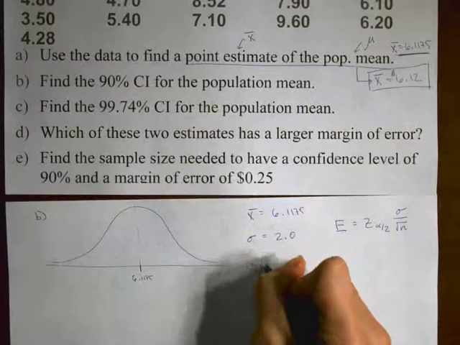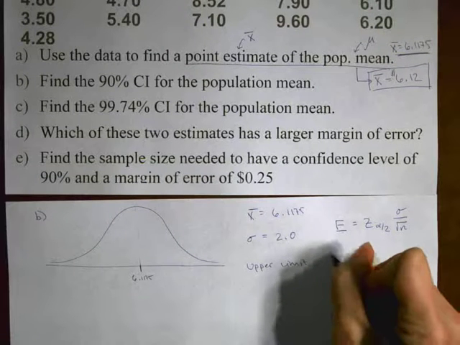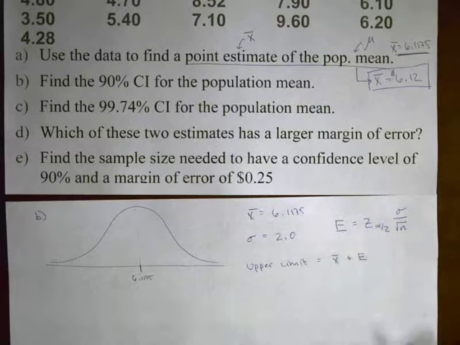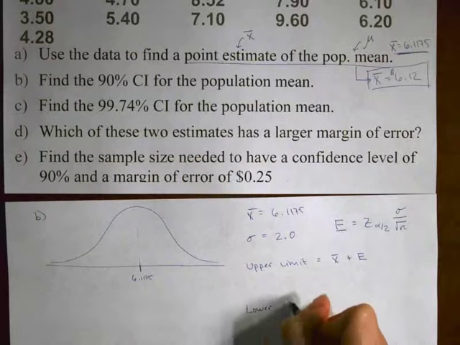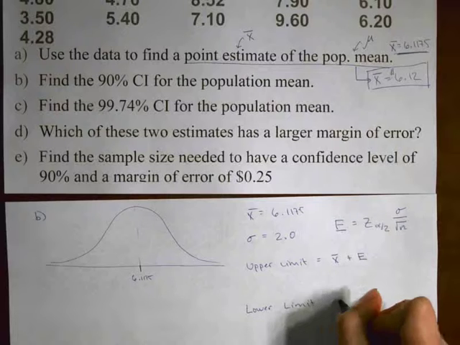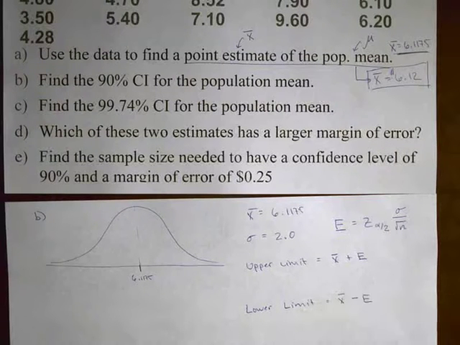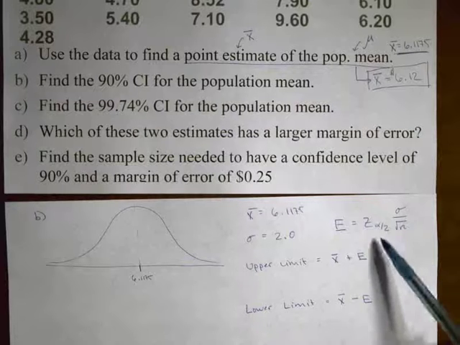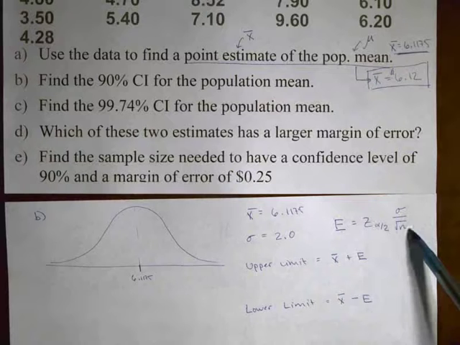And it's not on the equation sheet, but the confidence interval that you were looking for will have an upper limit of X bar plus the margin of error and a lower limit of our point estimate X bar minus the margin of error.